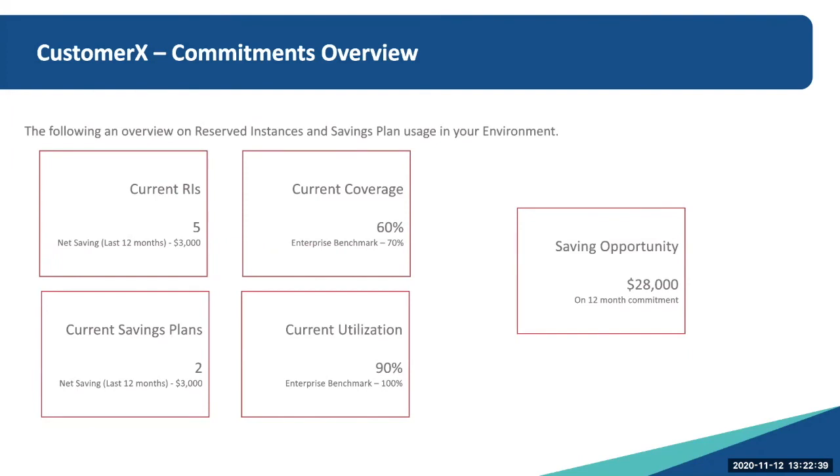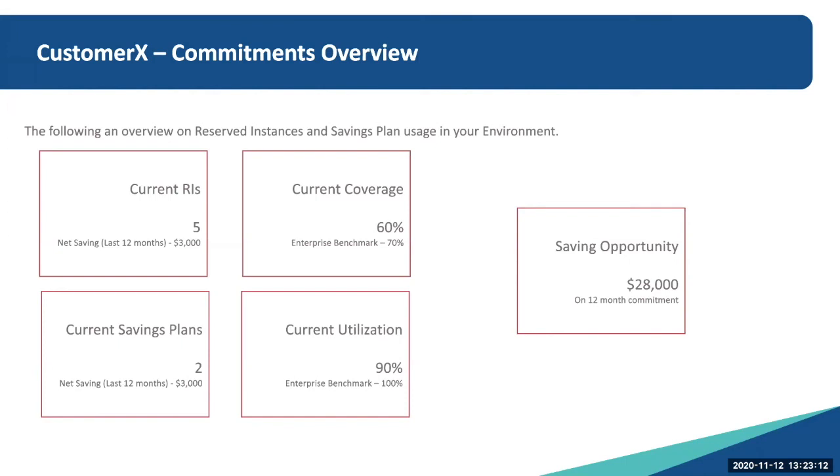So the coverage is your total coverage of your existing compute environment, and we generally find customers will strive for anywhere between 50 and 80%, depending on the type of environment. Generally in enterprise workloads it's a little higher, but in seasonal type workloads it can be a little bit different. The current utilization is really important, specifically utilization of your RIs or savings plans.